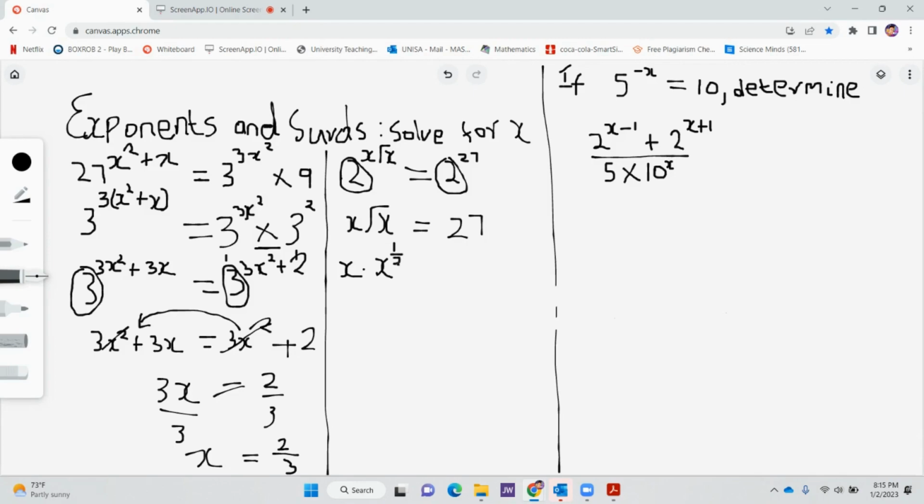So we just change square root of x from a surd form to an exponential form. All right. And then we have 27, which is 3 cubed in an exponential form.